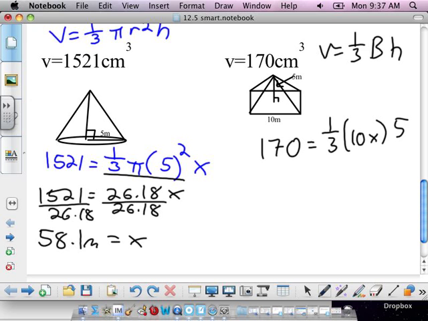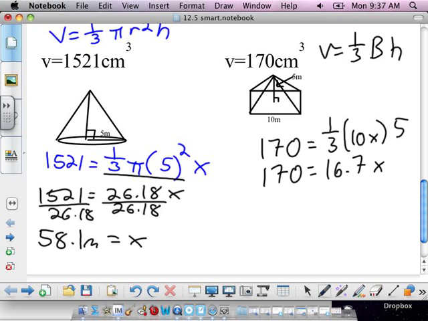Now, this is all being multiplied, so does it matter what order I do it in? No. So let's do 10 times 5 times 1/3, or 1/3 times 10 times 5. We get 16.7. You either divide the whole thing by 3, or you put in parentheses 1 divided by 3 and multiply it.